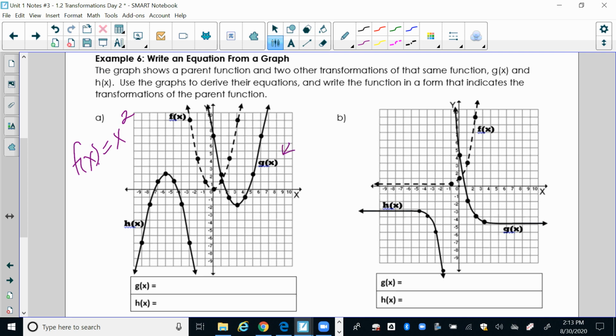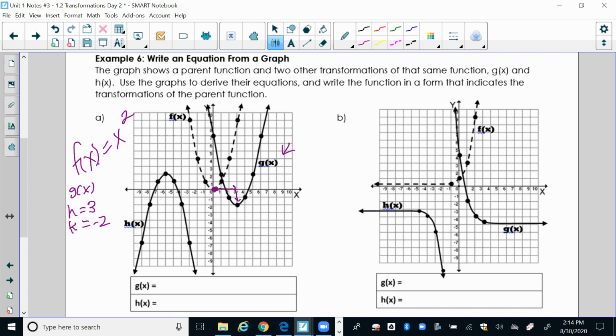Looking at g of x, it appears that our function was shifted to the right 3 and down 2. So that means that we will have an h value of 3 and a k value of -2. And now we need to take a look to see, are there any reflections, any stretches or compressions?